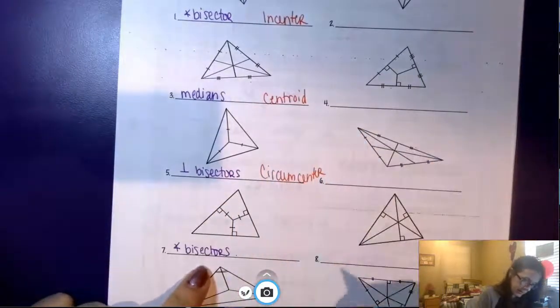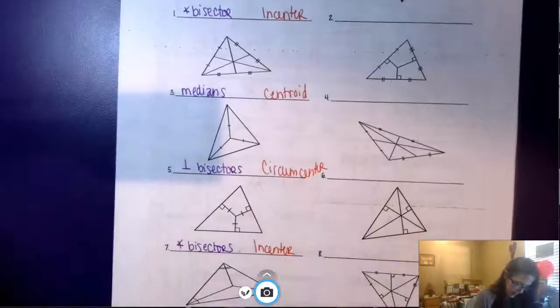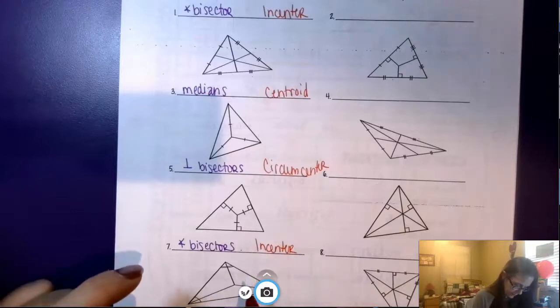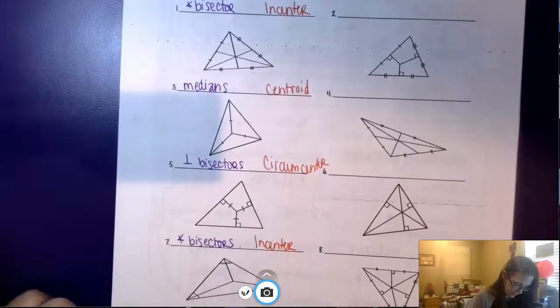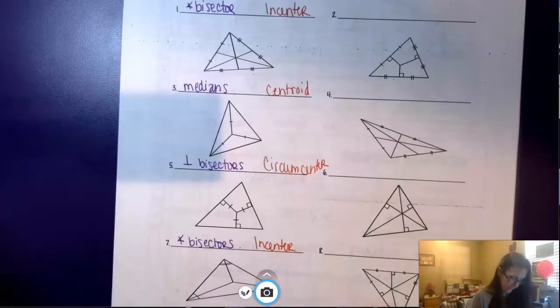Angle bisectors are incenter. Angle bisectors, oh, sorry. Oh, are those both incenters there? Those are both the incenters, depending on what we need from that.